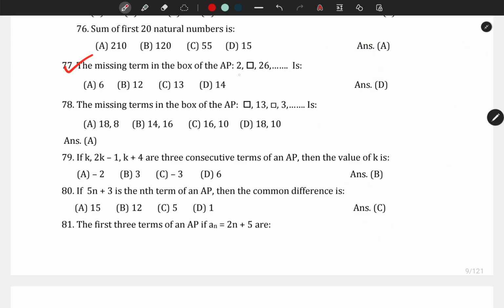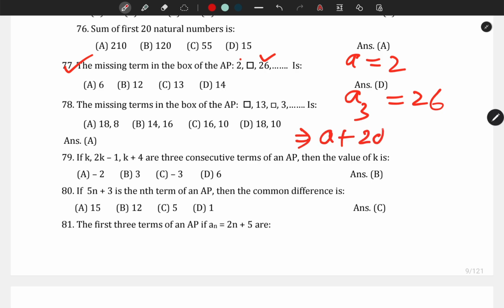77. The missing term in the box. So we know the first term here, a, is given to be 2, and the third term is 26. So the third term is given by this formula: a plus (3 minus 1)d, that is a plus 2d equals 26. Since we know a, we'll put a as 2 plus 2d equals 26.